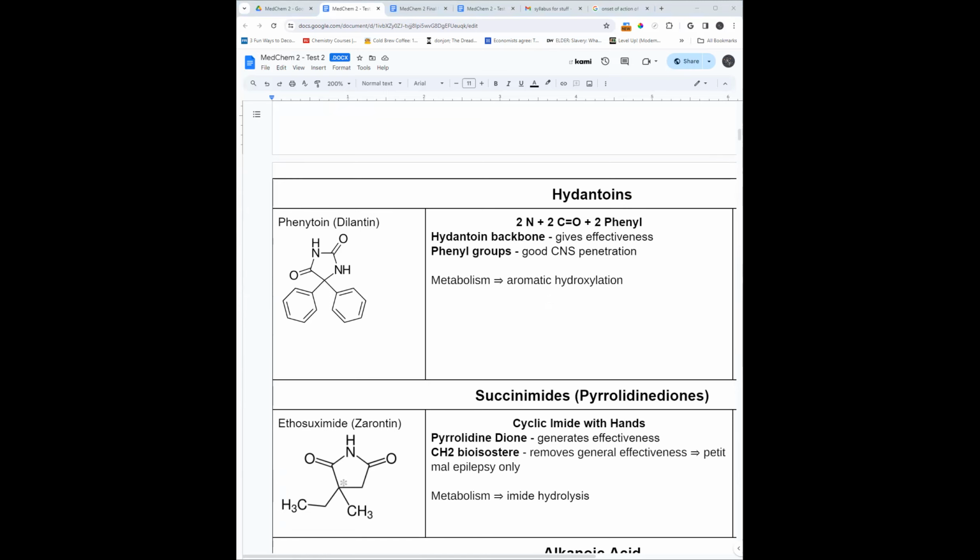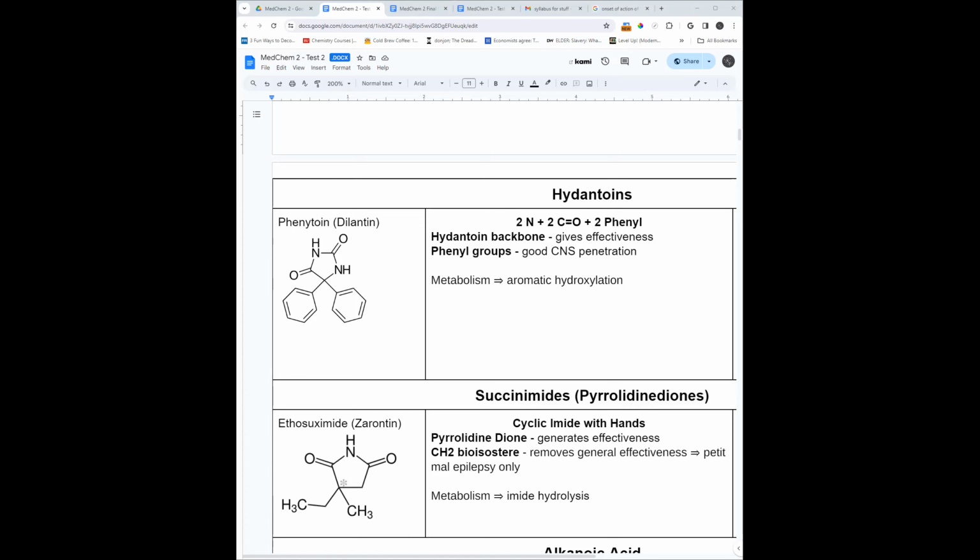Now, phenytoin has a hydantoin backbone. So it is not a barbiturate, which has a barbituric acid backbone, but because it has a very similar structure, this is what grants its efficacy. You have a double bonded oxygen to the nitrogen, then another double bonded oxygen, and a nitrogen.